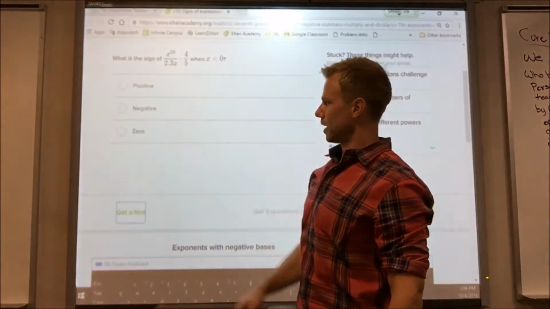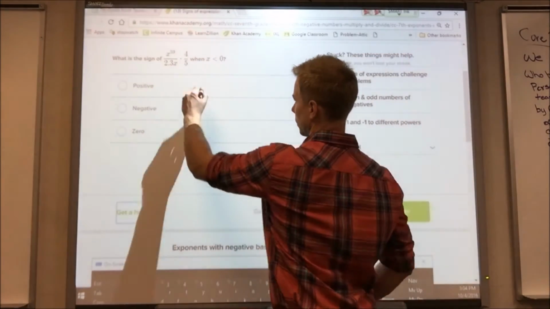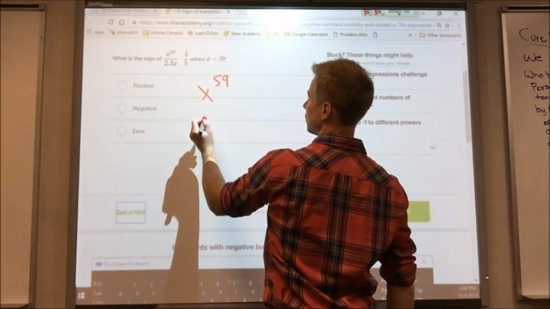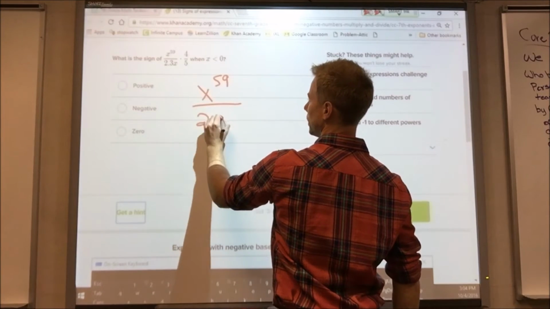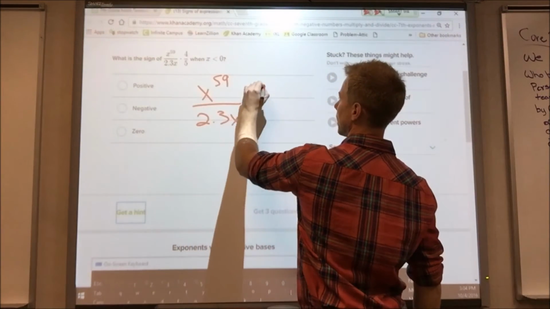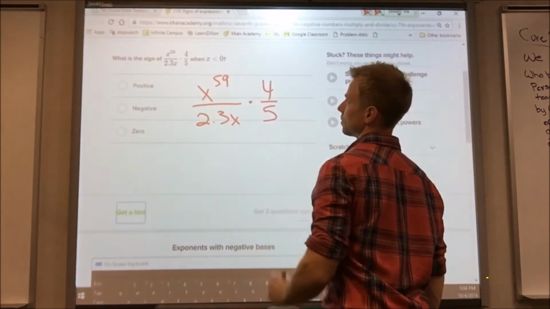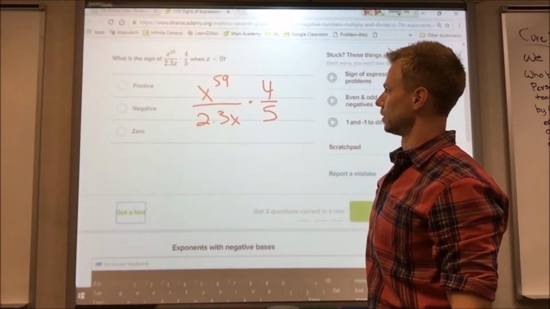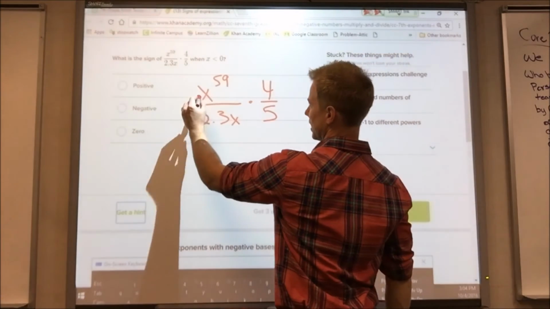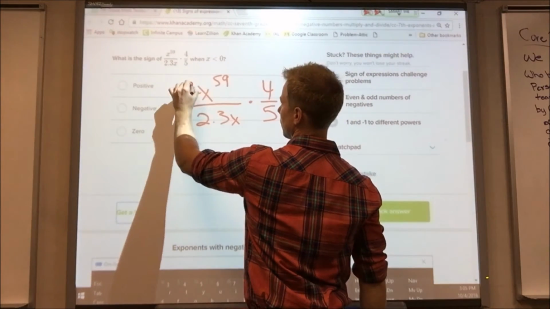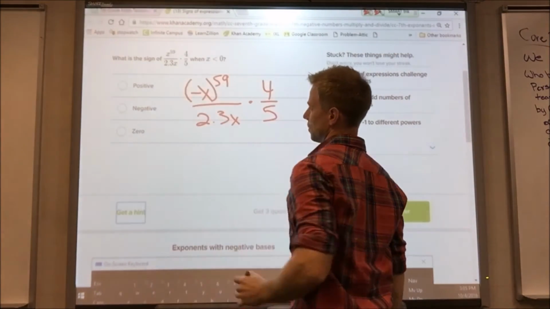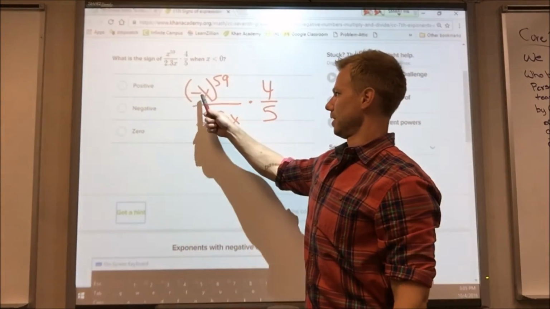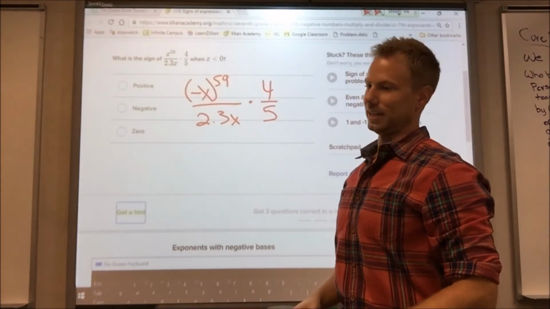Okay, another one that they're trying to make look really complicated for us. X to the power of 59 over 2.3x times 4/5. Now it says x is less than 0. So I have a negative number here, and I'm going to put parentheses around it because the number itself is negative.